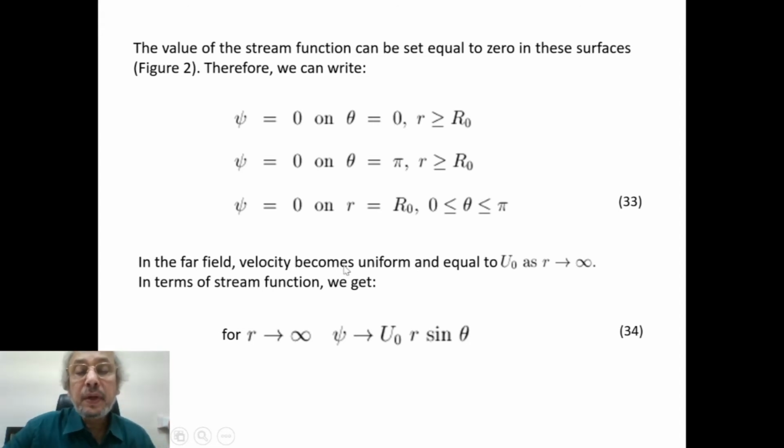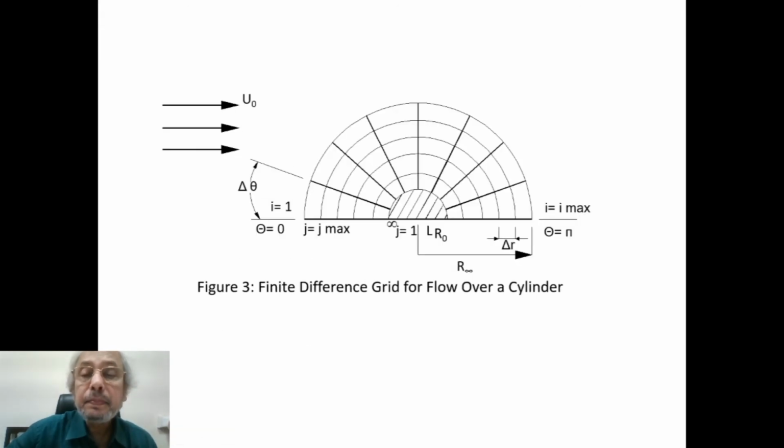And the far field velocity becomes uniform and equal to u0 as r tends to infinity. In terms of stream function, as r tends to infinity, psi tends to u0 r sin theta.